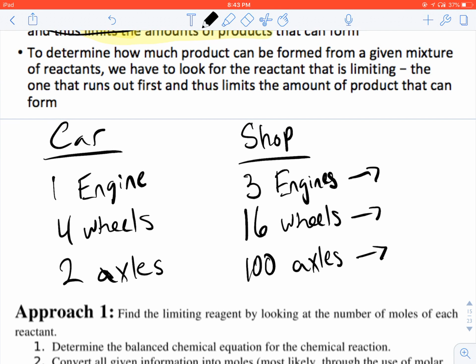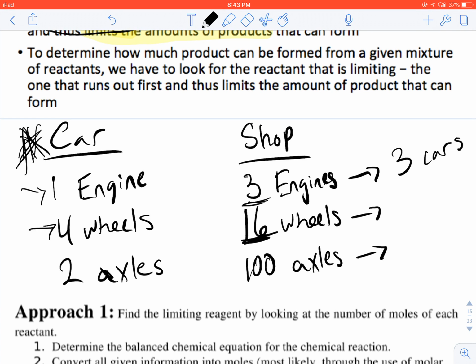So 3 engines. Well, I know that in a car, it takes only 1 engine. So if we have 3 engines, we can make 3 cars. Now for 1 car again, we know that you need 4 wheels. We have 16 wheels.